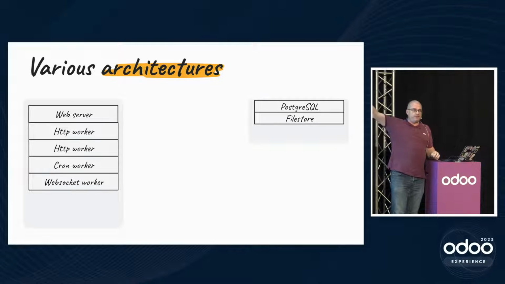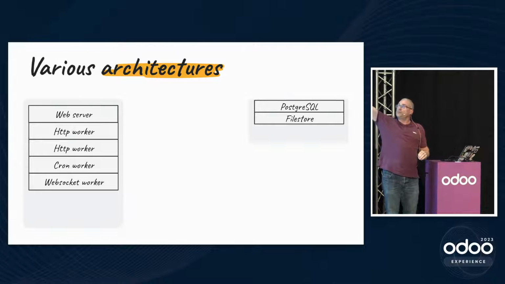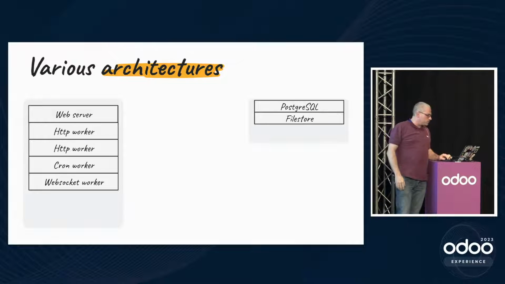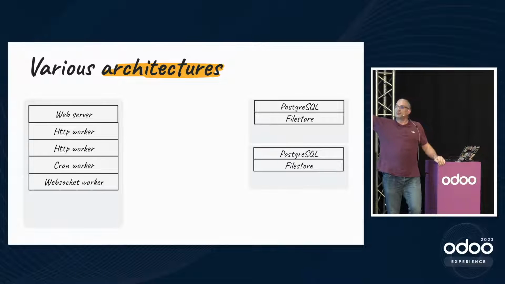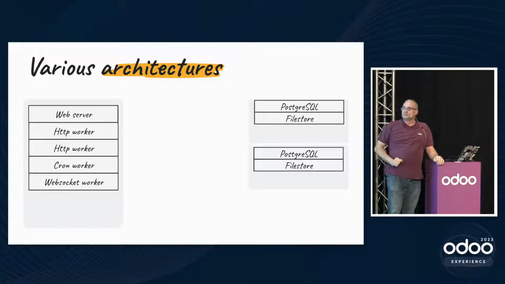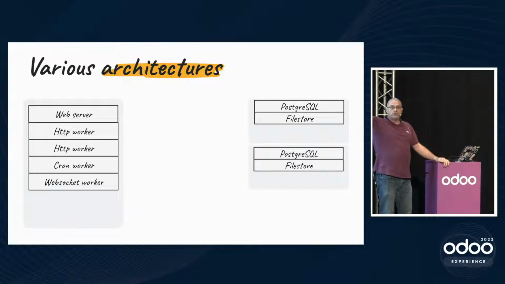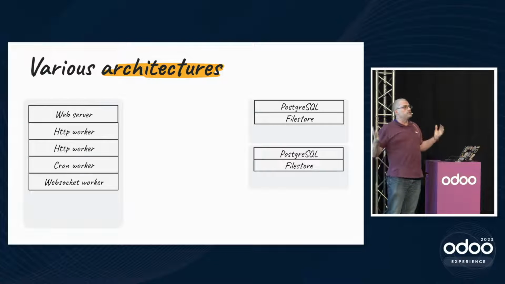Once we have achieved that, we can set up a replication between a PostgreSQL and another PostgreSQL. That way, if my PostgreSQL machine is broken, I have another machine handily available to handle the load, the database, the file store, the sessions, and so on. On the Odoo side, you have nothing stored mainly.